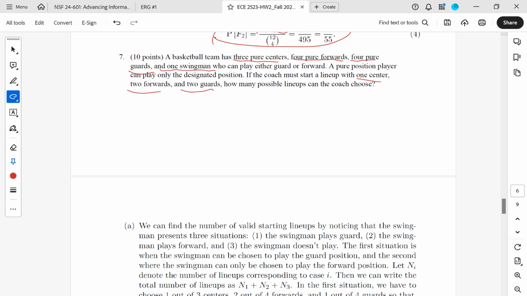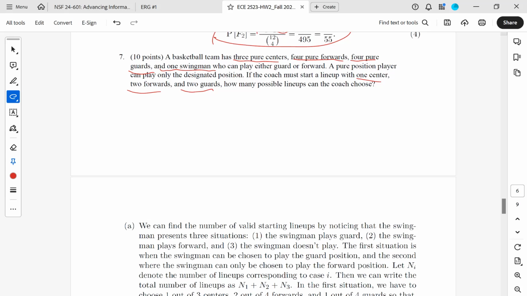Between all the possible choices that the coach has within the players that he has, how many combinations could we have to create the lineup with 1 center, 2 forward, and 2 guard.